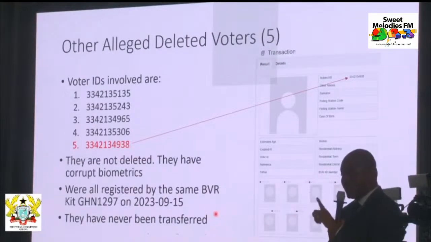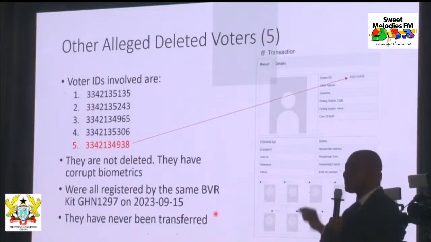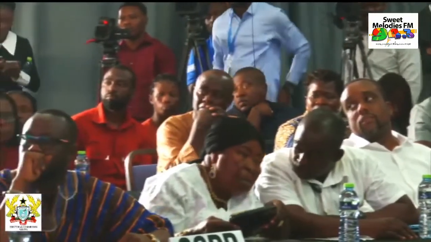Now, these individuals that they listed as having been deleted by transfer, there's no record of a transfer for them. What we found out was that these individuals had corrupt biometrics, so they were never in the register in the first place. And therefore, how do they get transferred? So once again, it's weird that they'd be said to have been illegally deleted by a transfer, when indeed they weren't even available for a transfer.